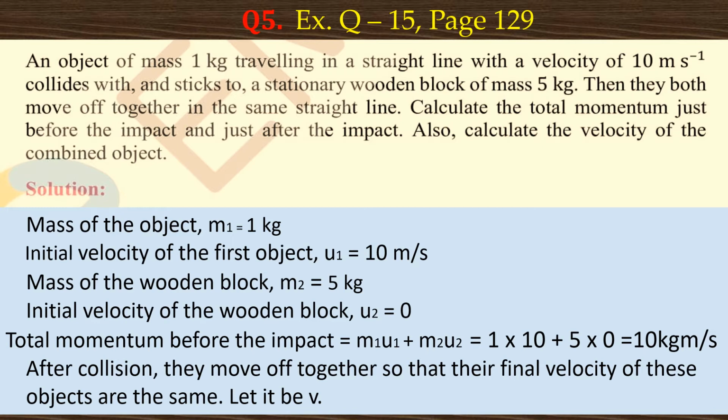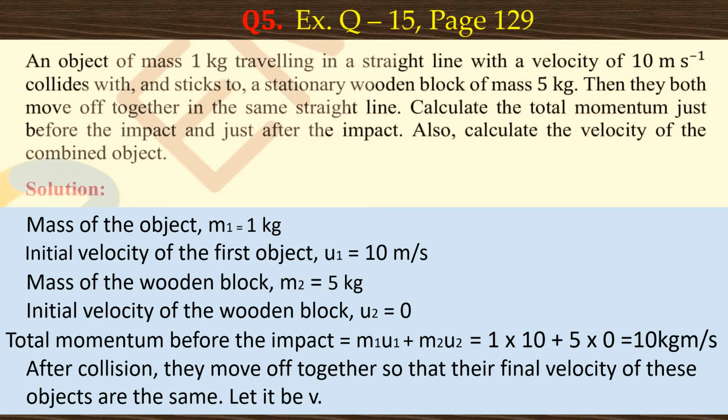Here the mass of the object can be written as m1 or mA, which is equal to 1 kg. The initial velocity of the object, u1, is equal to 10 meter per second. The mass of the wooden block, taken as the second object, is m2 equals 5 kg, and its initial velocity u2 equals 0.